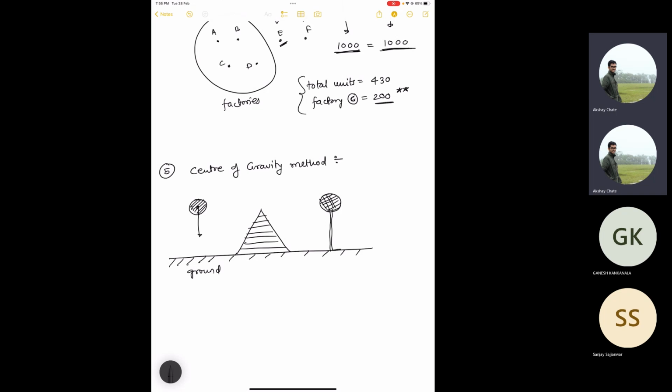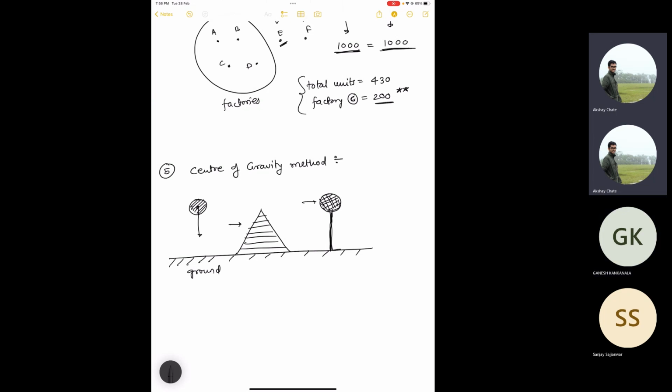Then I go and just push both these bodies. So which body do you think will fall quickly on the ground? Yeah, obviously the second one with the ball.